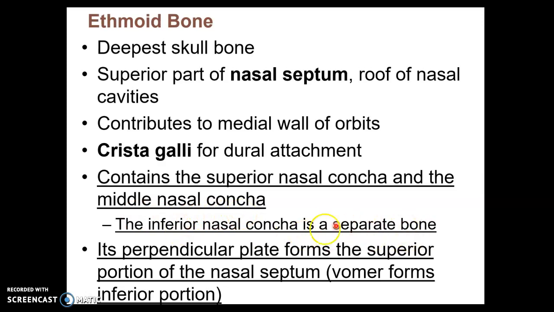That's actually a separate bone. We'll see that and explain it on the next slide. And its perpendicular plate forms the superior portion of the nasal septum, not the inferior portion, because that is a different bone called vomer. So a lot of stuff going on here. I can explain that on the next view.